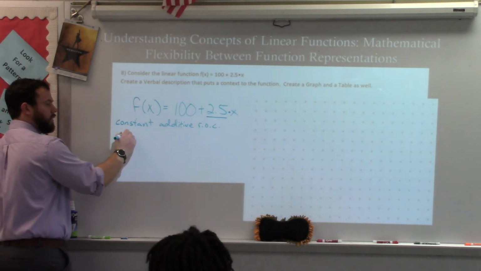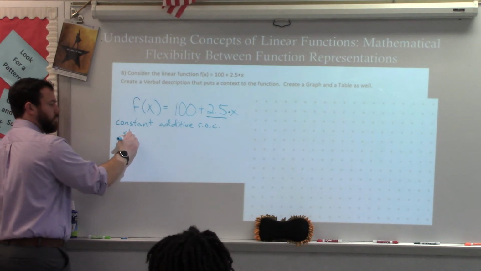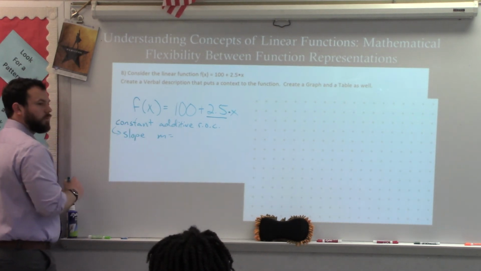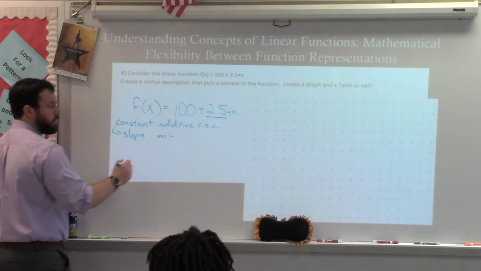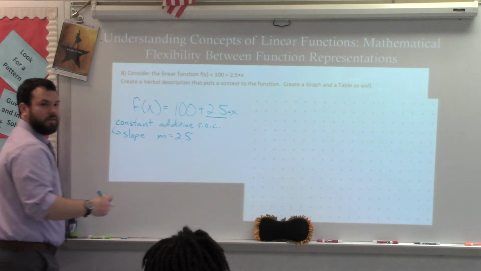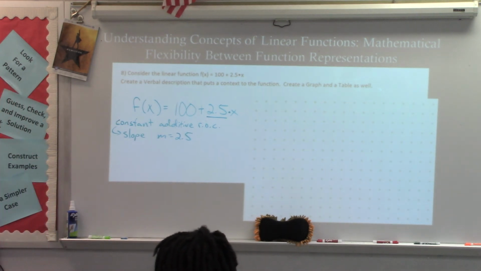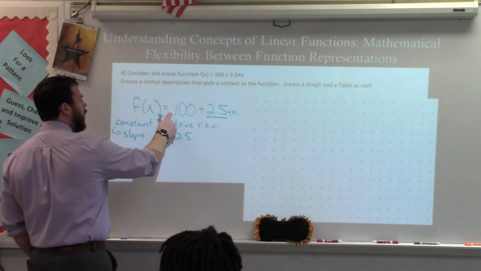Slope, right? And what does m equal in this case? You already said that multiplication is repeated addition. I'm repeatedly adding 2.5, right? We want to recognize that, which means the 100 is what?